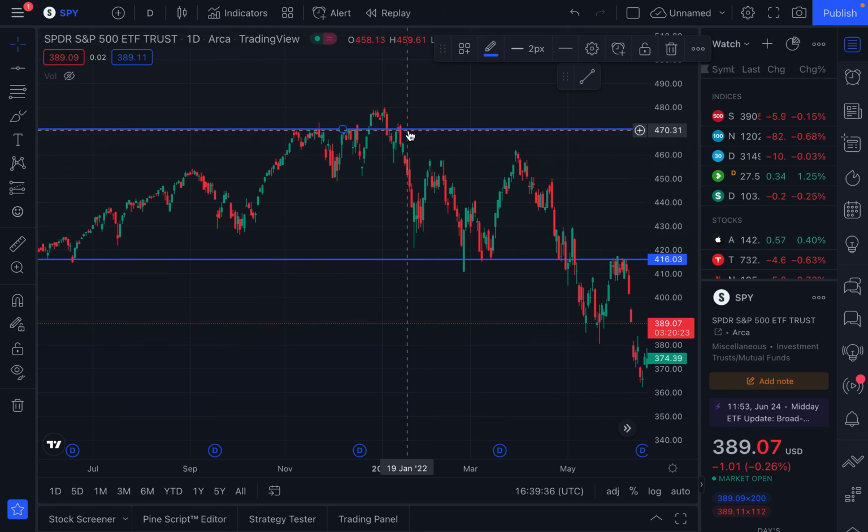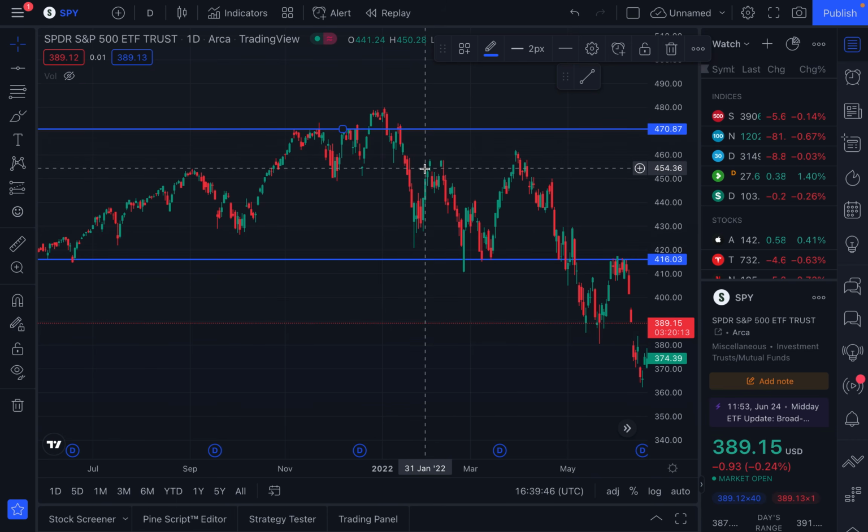Now let's draw out some more lines. For example, we take a look here around this area, from like 452-ish to 450-ish, right? We see multiple different touches here, but it looks like we could make this a little bit neater without having to use a line.